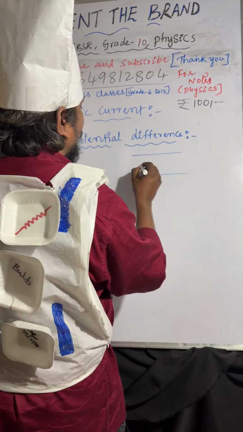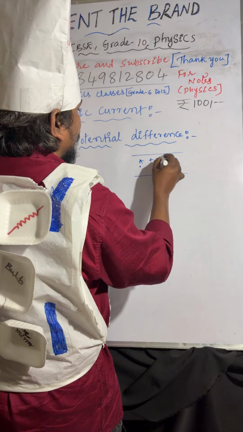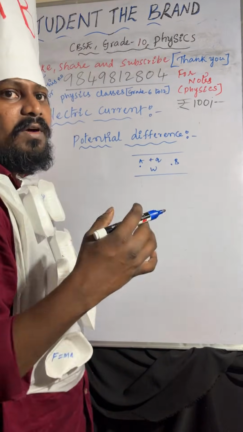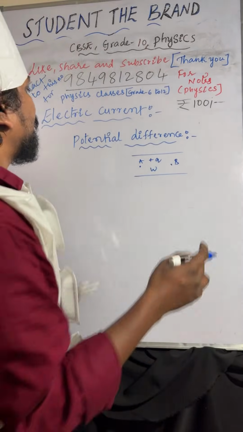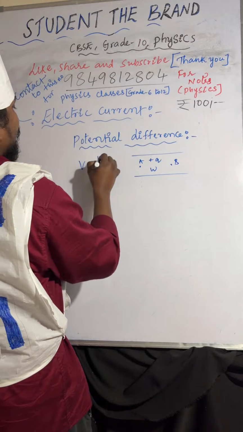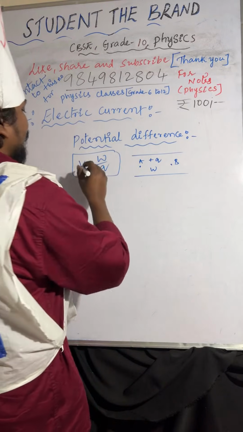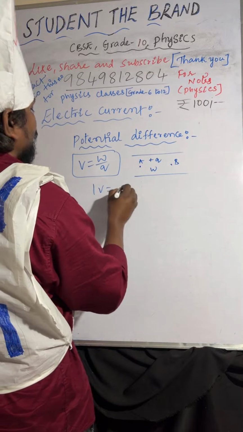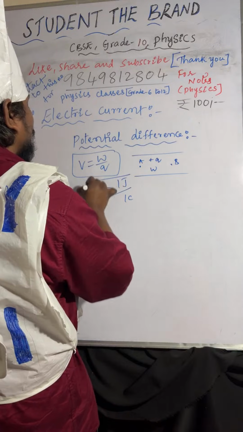I'm taking the conductor. This is point A and this is point B. We are doing some work on the positive charge. Work done to bring unit positive charge from one point to another point within the conductor is called potential difference. The SI unit of potential difference is volt, the SI unit of work is joule, and the SI unit of charge is coulomb.